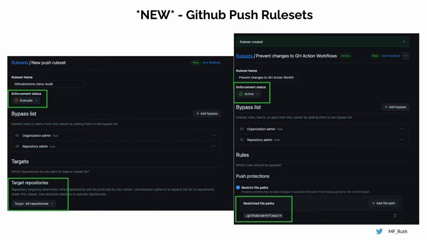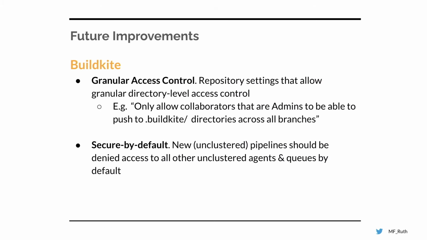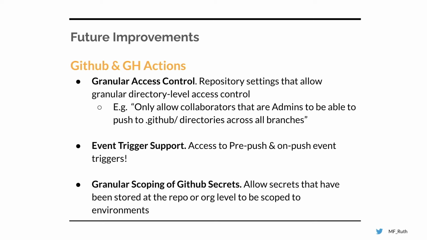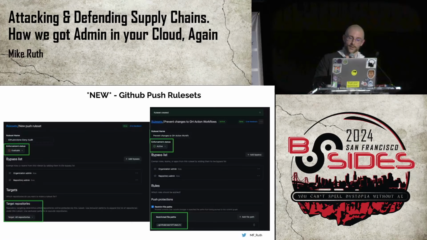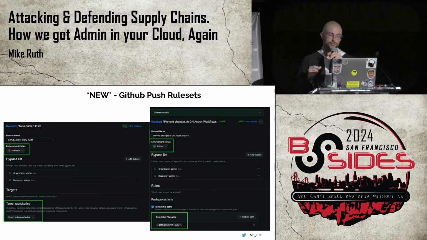All right. The last thing that I want to talk about is just days old. And had me scrambling to put this slide in, so it doesn't look quite as good. But basically, if we go back a couple slides to this suggestion of granular access control and event trigger support, back in April, we actually got something from GitHub that is now in beta called push rule sets.